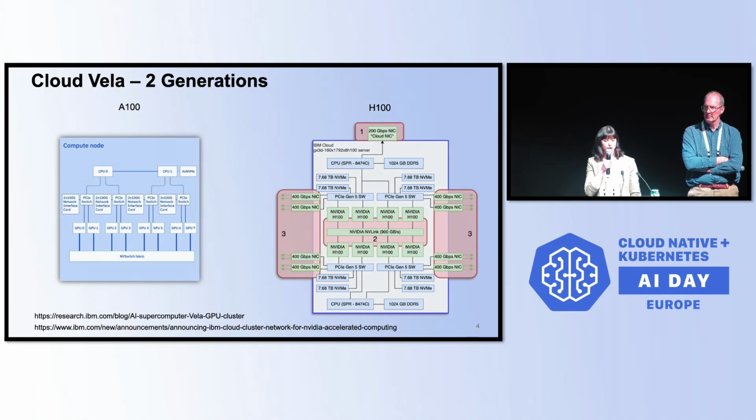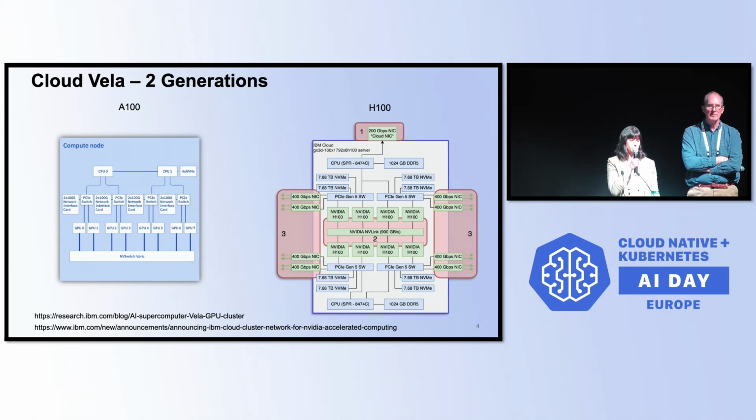That's Vela. On the right-hand side, we have a bumped up version of Vela, which is Vela 2. In this one, each compute node has 8 H100 NVIDIA GPUs, all connected through NVLink, of course. And we have a big bump up on the network in and out from the node.